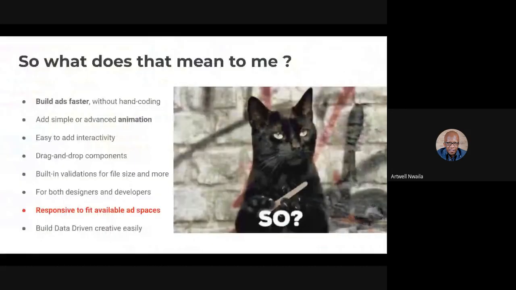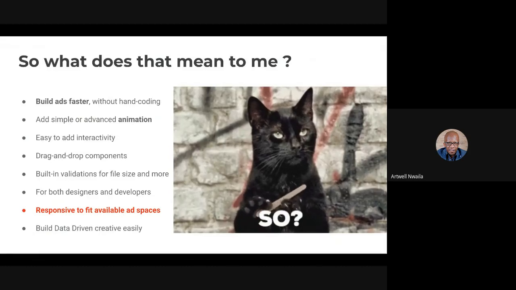So what does that mean for you? You can build much faster, which means you're saving money. You're able to build simple animations and complicated animations in a simple manner. It's easy to add interactivity. The components are all drag and drop. If you watch the previous video, you'll see how easy that is. The product features a validations panel, which tells you the health of your asset as you're building it, so that by the time you're done, you know it's ready to go live on DV360 or whatever platform you're using.